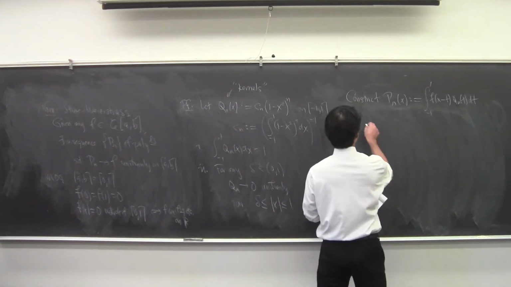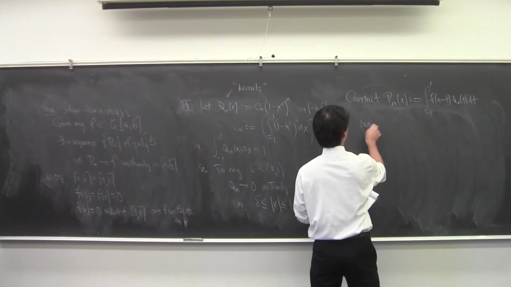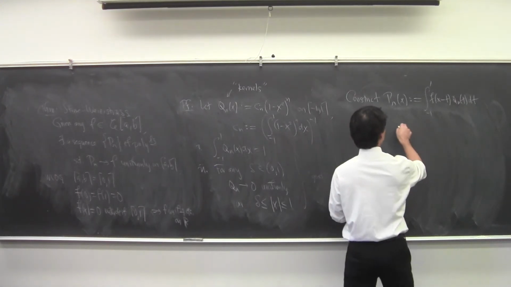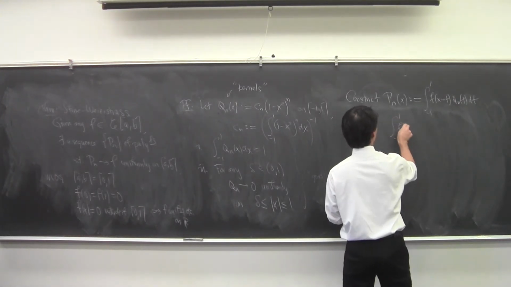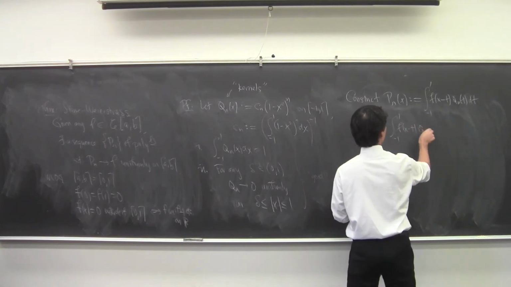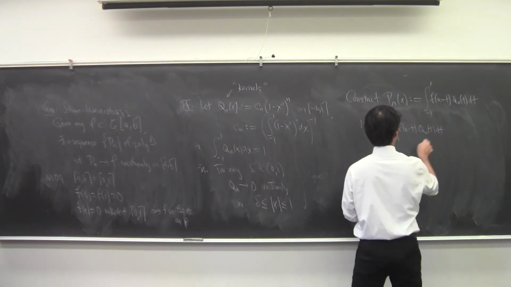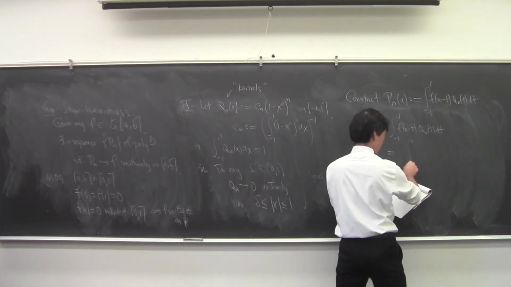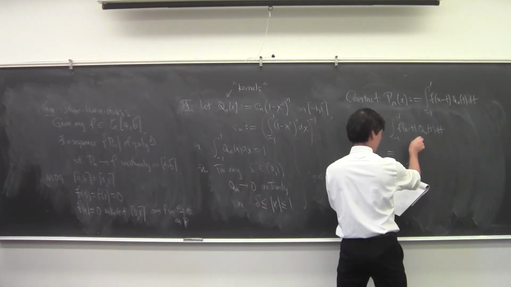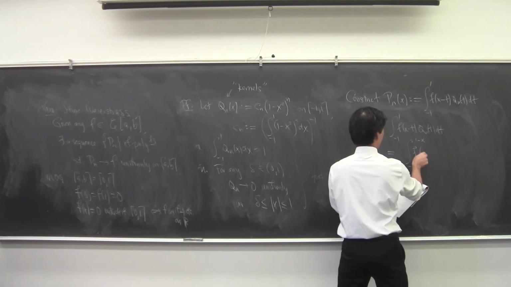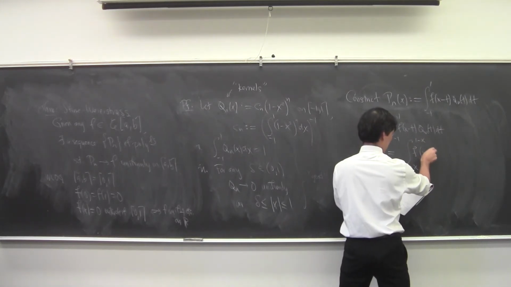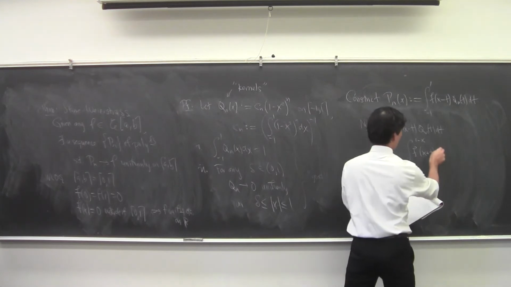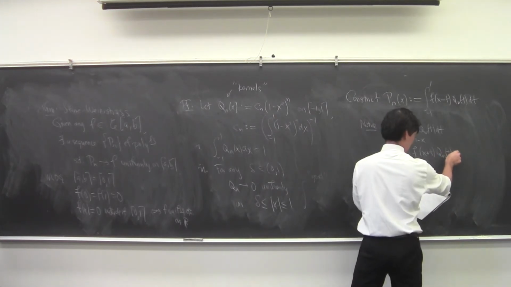Okay. So notice that we can do a change of variables on this and it'll change to this integral between negative x and 1 minus x of f of x plus t, q sub n of t dt.